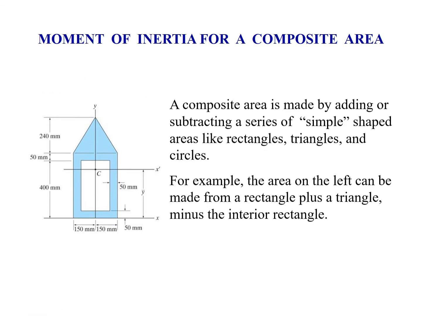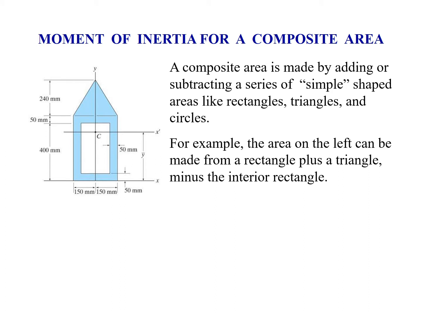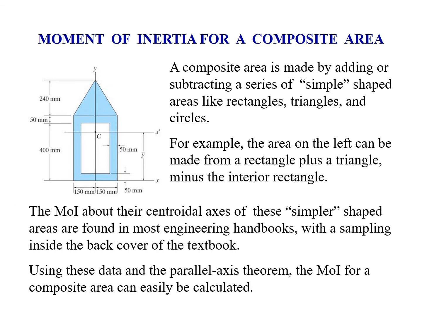A composite area is made by adding or subtracting a series of simple shapes like rectangles, triangles, and circles. For example, the area on the left can be seen as a rectangle plus a triangle minus an interior rectangle. So we have three composite areas making up the single piece shown on the left.